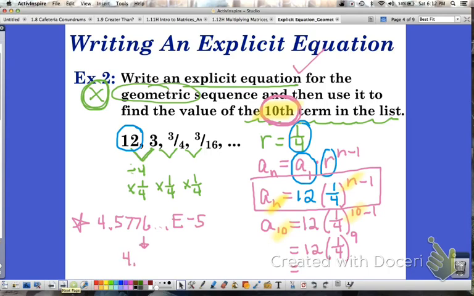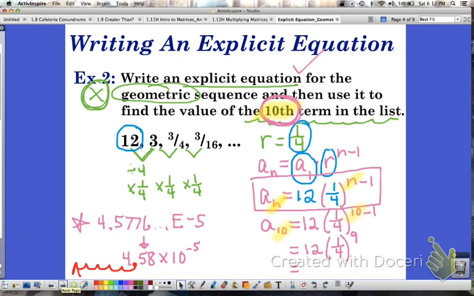I'll take off a couple of digits, it's too many to write right now. 4.58, I'm comfortable with that, times 10 to the -5th power. That means this number is awfully small. When I multiply 12 times 1/4 to the 9th power, the answer is really 4.58 with the decimal point moved 5 places to the left.